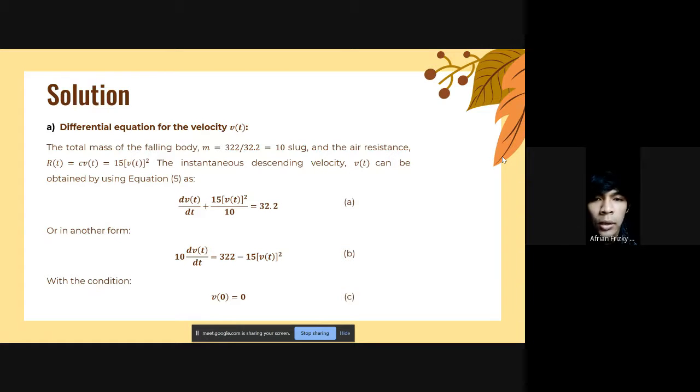The instantaneous descending velocity V(t) can be obtained by using equation 5: dV(t) over dt plus 15 times V(t) squared divided by 10 equals 32.2. In another form, we have 10 times dV(t) over dt equals 322 minus 15 times V(t) squared, with the initial condition of V0 equal to 0. Okay, next.